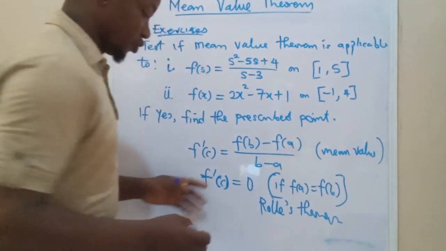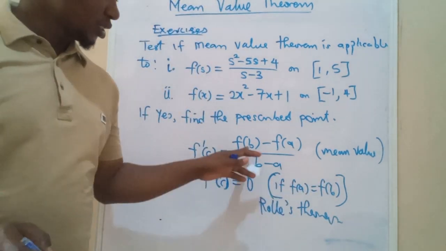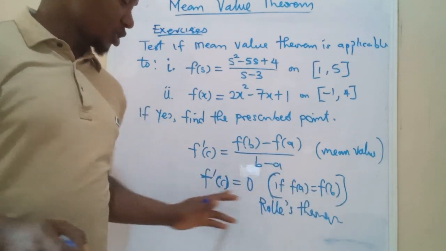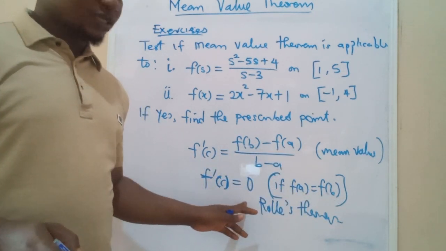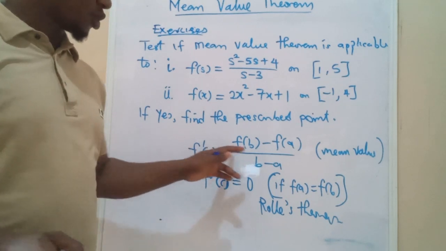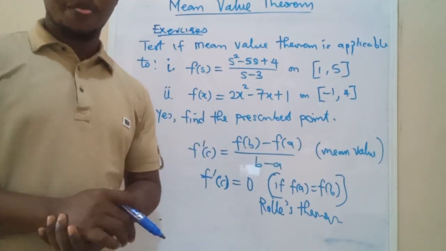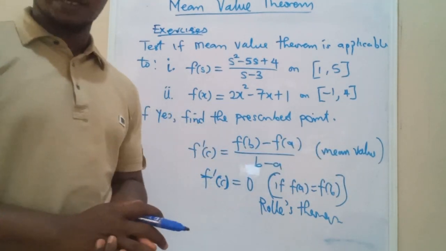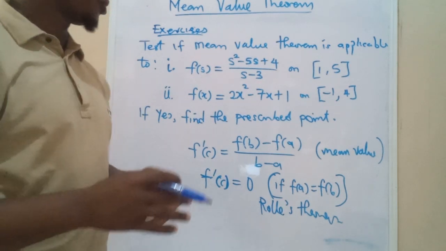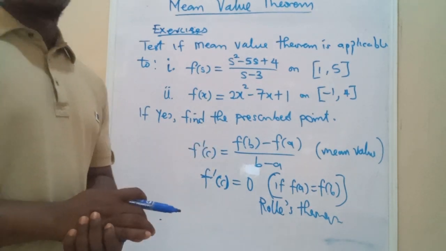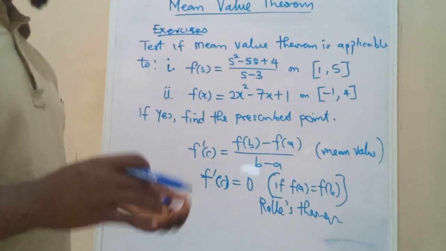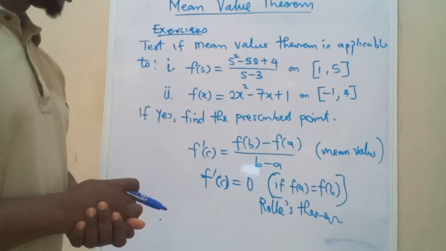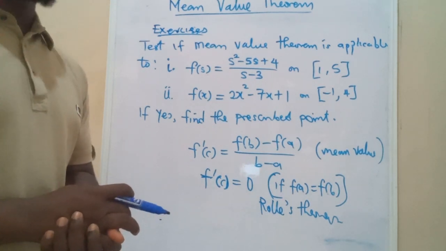This is what the Rolle's theorem is talking about: if these two terms are the same, this is what we get. If they are not the same, we call it the mean value. So here is just a simple remark. There are several functions or behaviors where one can find either the mean value or apply the Rolle's theorem to solve.